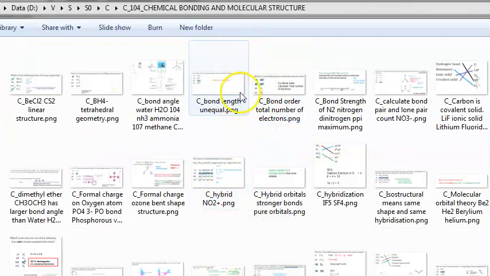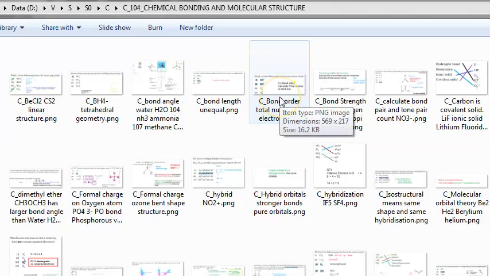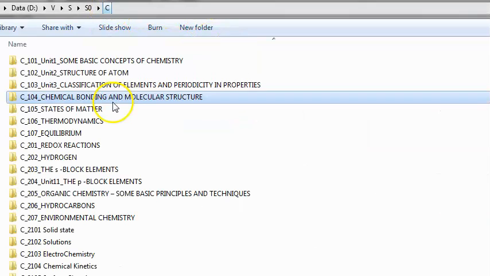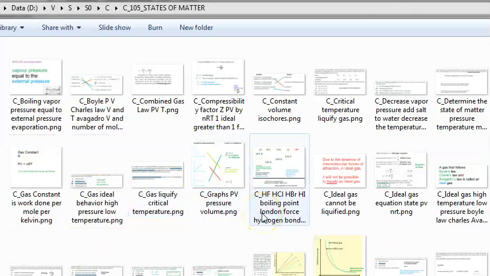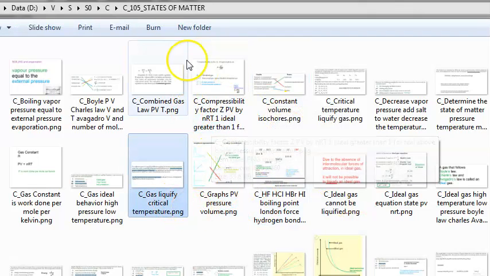Bond length, bond angle, hybridization, polarity. Wow. Okay, then states of matter. States of matter, that much, or a baby will say solid, liquid, gas, etc. Here you should know critical temperature, etc., etc.